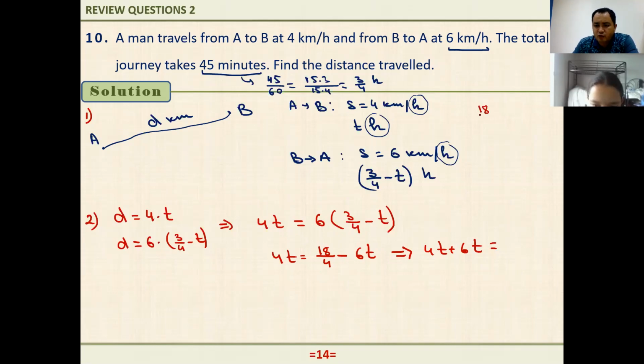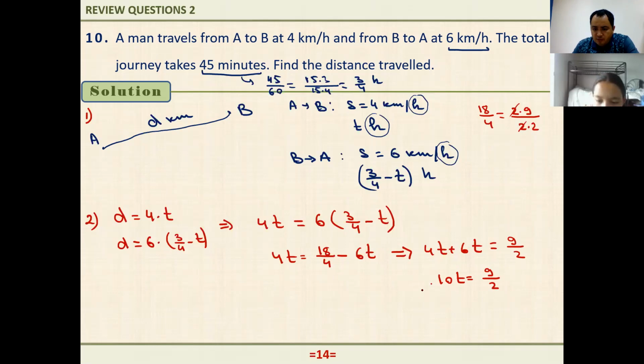What is it? 18 over 4, right? We can write it as 2 times 9 over 2 times 2. So these 2's are common factors, they're gone. What we have here on the right-hand side is 9 over 2, right? So now here, 4T plus 6T, that is 10T is equal to 9 over 2.